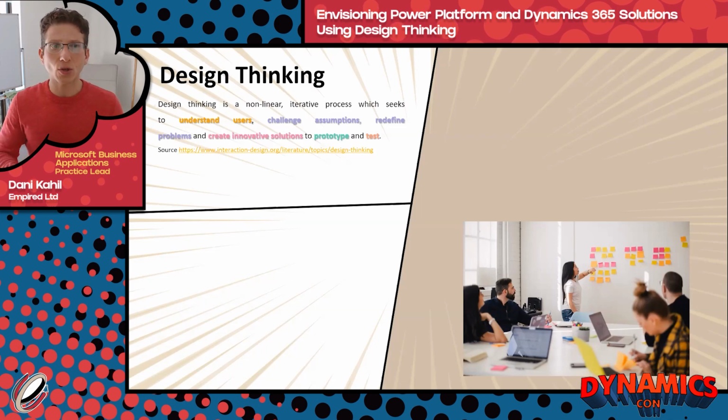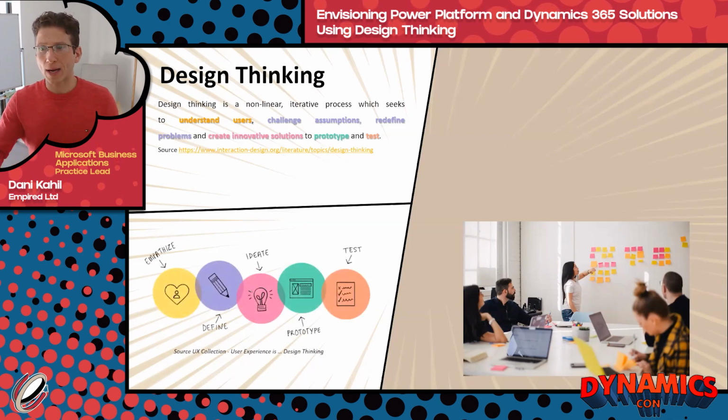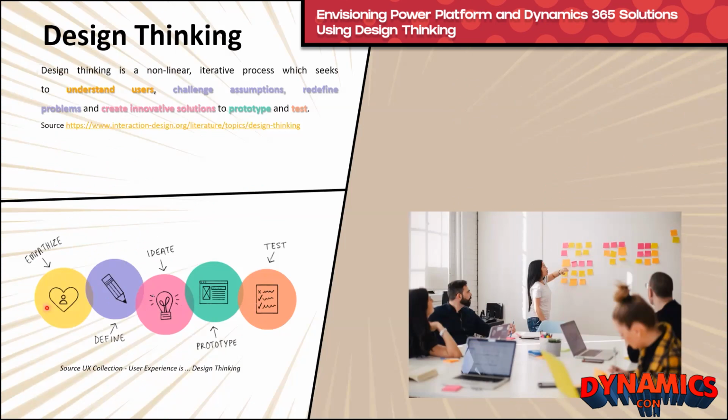So let's unpick each of those here and try to apply them to Dynamics 365 or Power Platform. If you start with the empathize here, effectively what that means is that we want to understand our user as much as possible, right? So sit down next to them, see how they work.